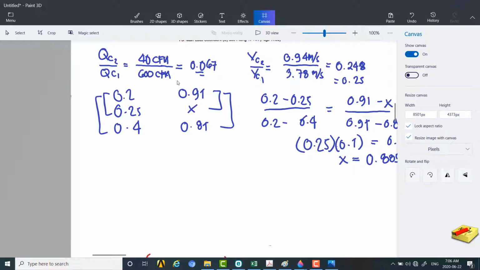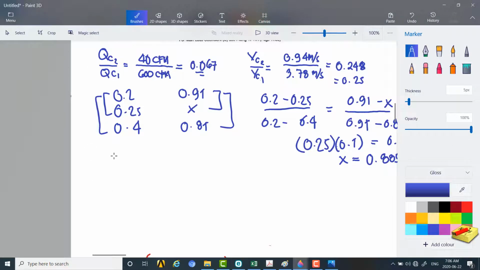So again, rewriting our equation for P loss for the branches, we have your P loss divided by the velocity C2 squared multiplied by your density divided by 2, which is equal to 0.885.